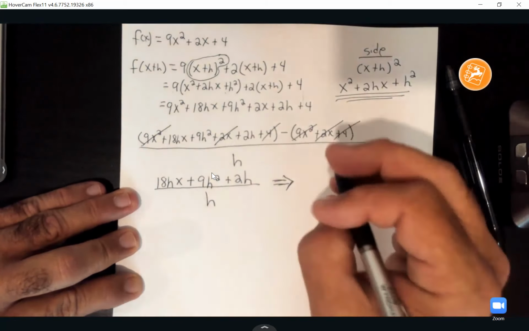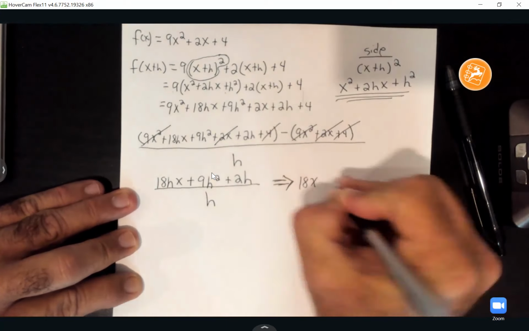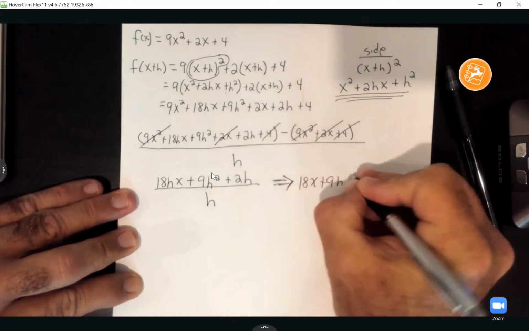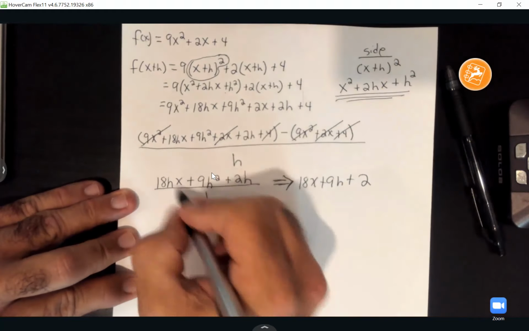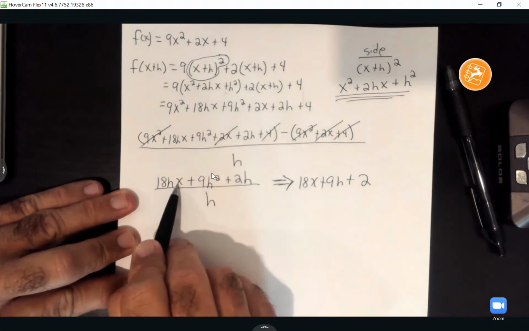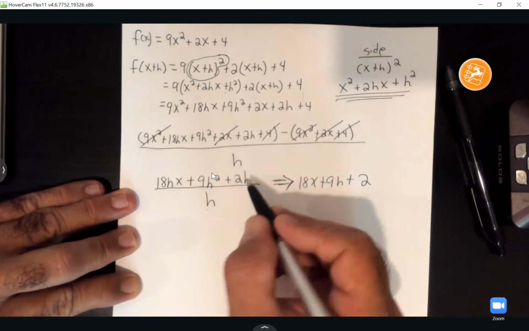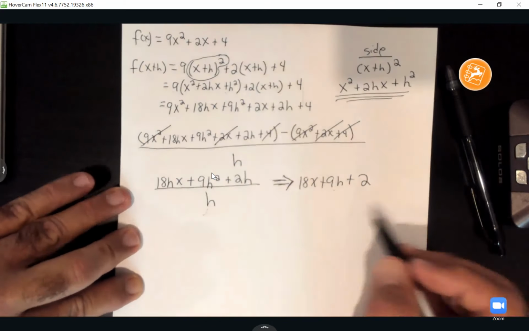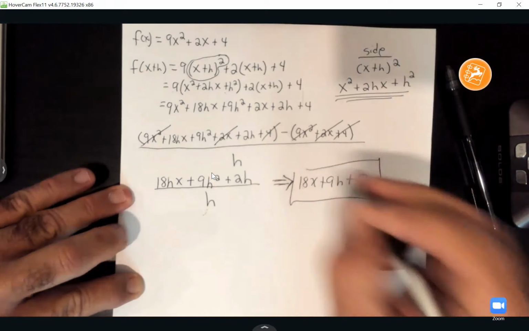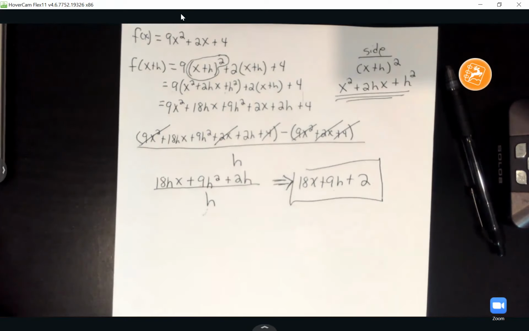Mine's 18x plus 9h plus 2. Perfect, because 1 h cancels, making that 18x. 1 h cancels in the middle, making that a 9h, and then the h's cancel on the last one, making that a 2. So y'all, we would put that in as our last answer.